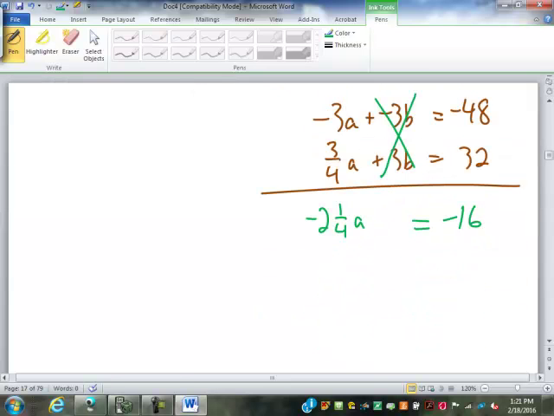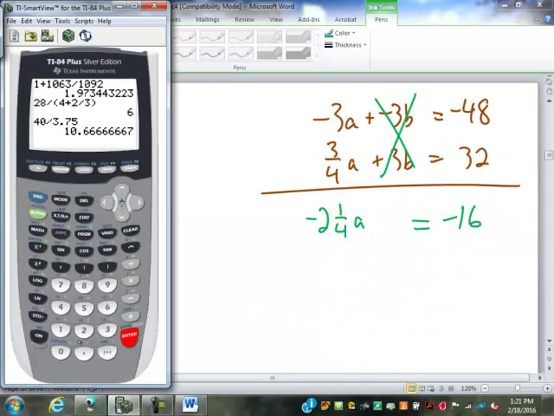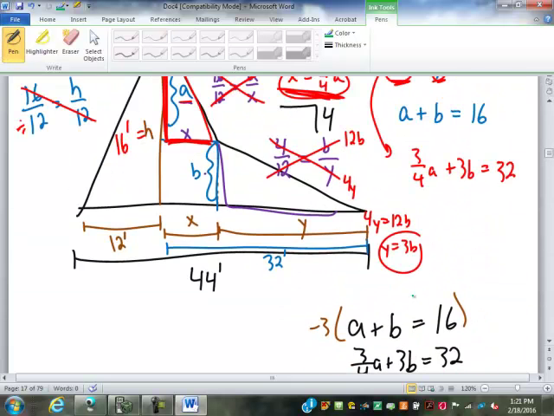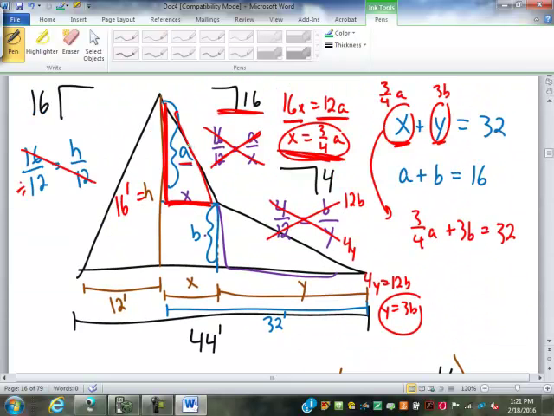So a is negative 16 divided by negative 2 1/4, or 7.11. In other words, a is 7 1/9. b is 8 8/9. Correct?